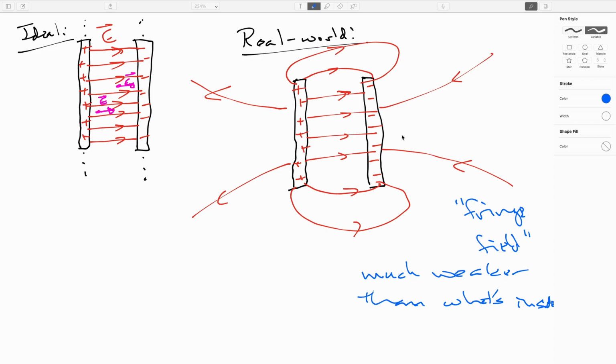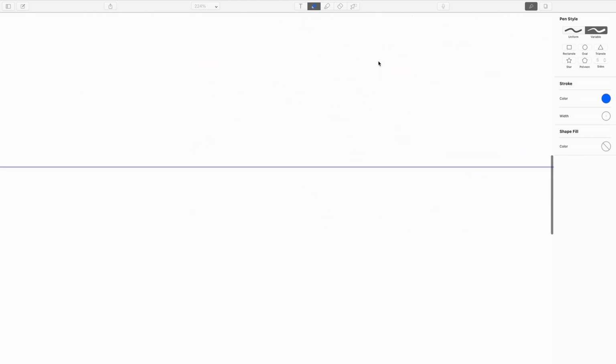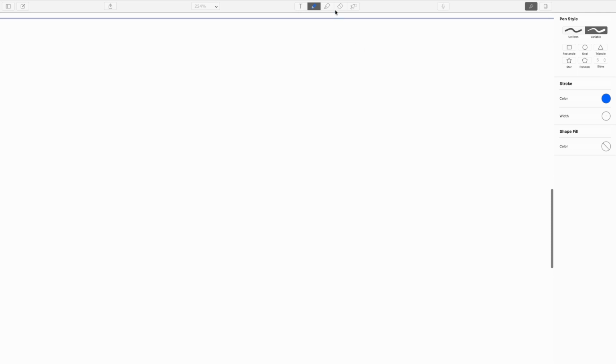So we can go ahead and start to think about what would happen if, say, a charged particle were moving through such a configuration. So the first case I just want you to think about for a moment is, let's say I've got plate here, plate here.